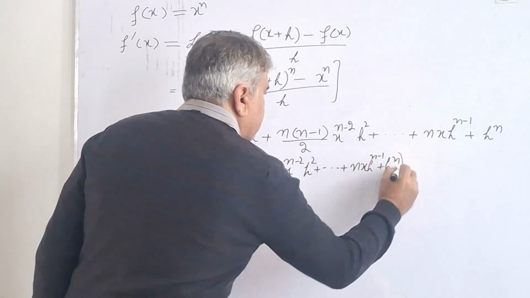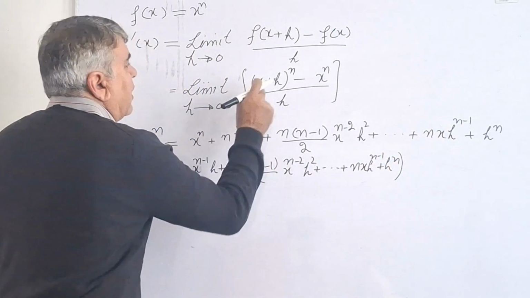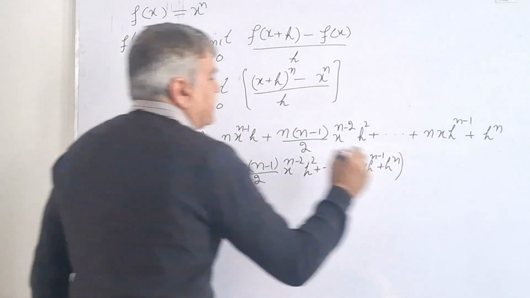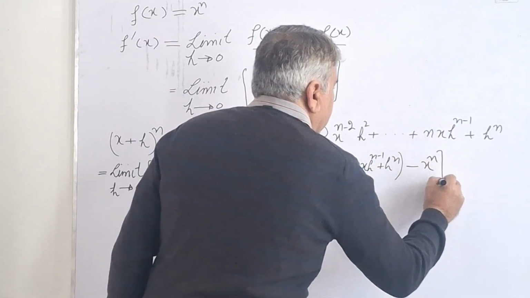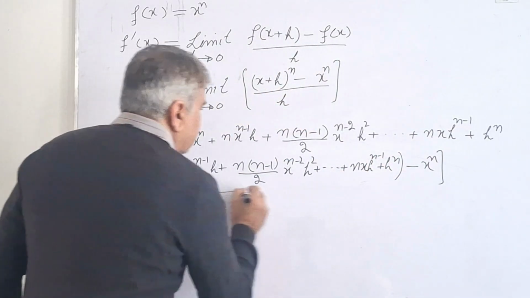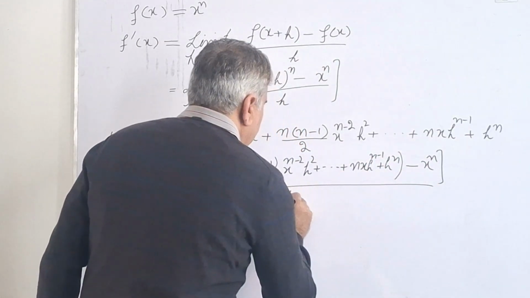This is the value of this term. Then I write minus x to the power n, and the whole divided by h.